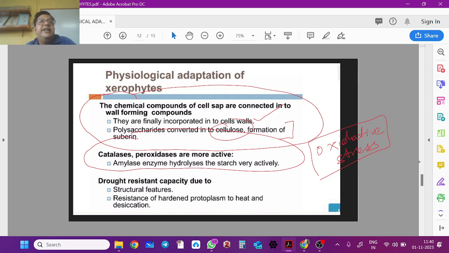Oxidative stress is when free radicals are formed. In humans they cause cancer, but in plants they cause destruction. Drought resistance capacity is due to the structural features and the resistance of hardened protoplasm to heat and desiccation. Desiccation means breaking and crumbling.